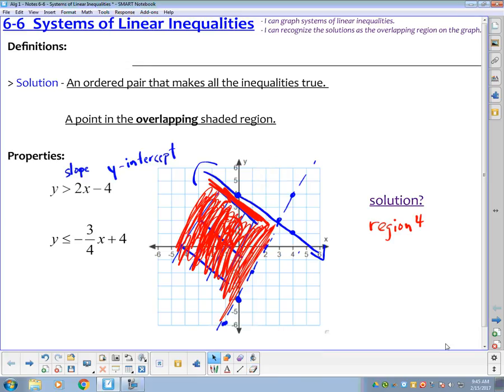So you don't have to. What you could do is just make it really dark or really light, but you need to make it clear. What most students typically do, and oftentimes if it's a multiple choice question on a test, they will only darken the region that is the solution set. It gets confusing when you see other regions, but if you do it real light and then darken it, like what you're doing right now, that would work, and then you could leave the other stuff if you want.